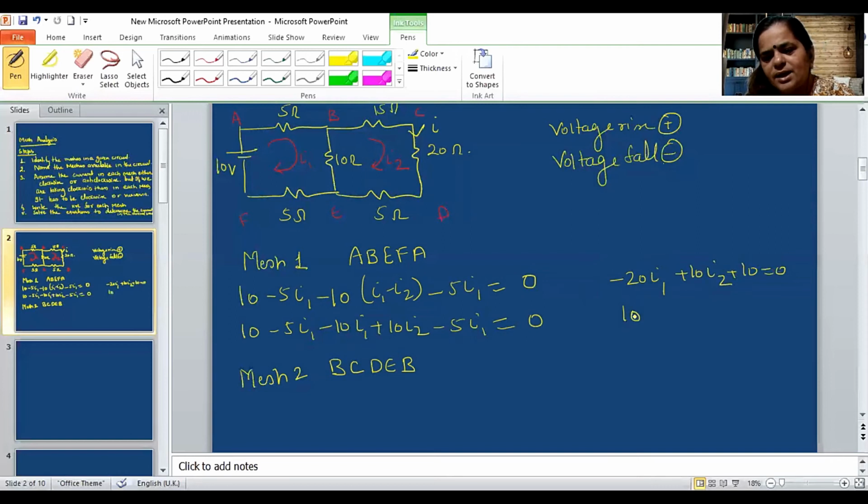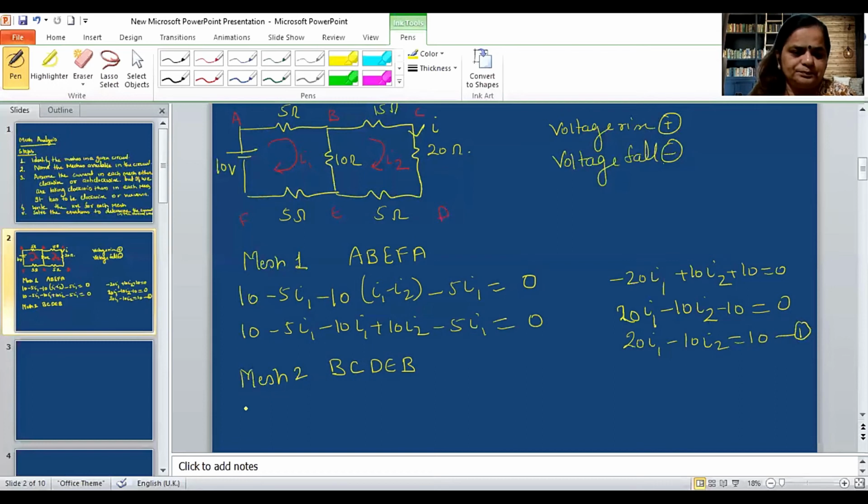I can write this as 20 I1 minus 10 I2 minus 10 is equal to 0. So finally I can write it as 20 I1 minus 10 I2 is equal to 10. This is equation number 1.